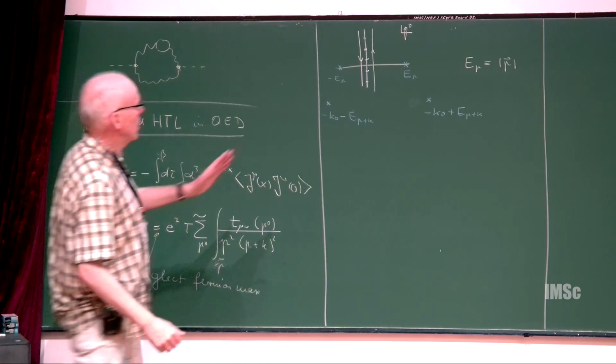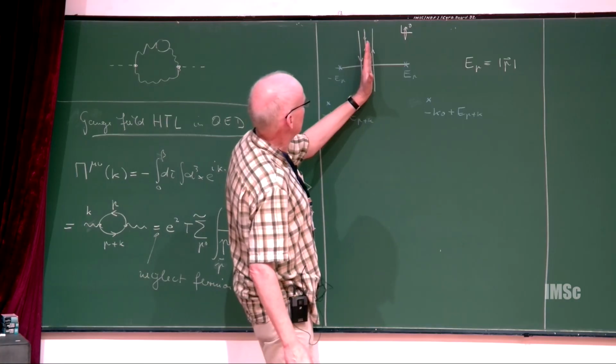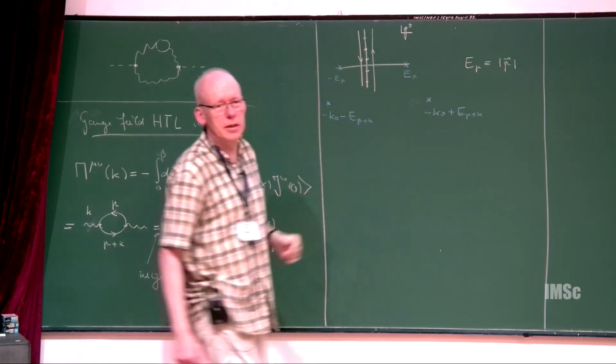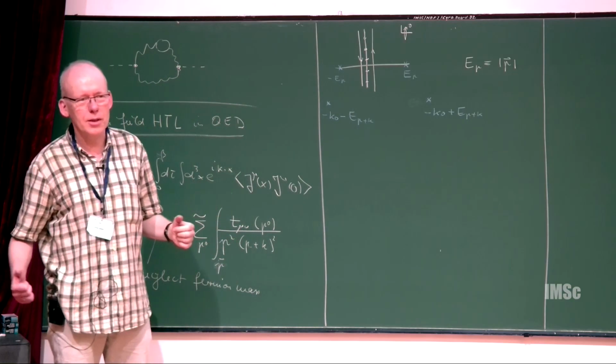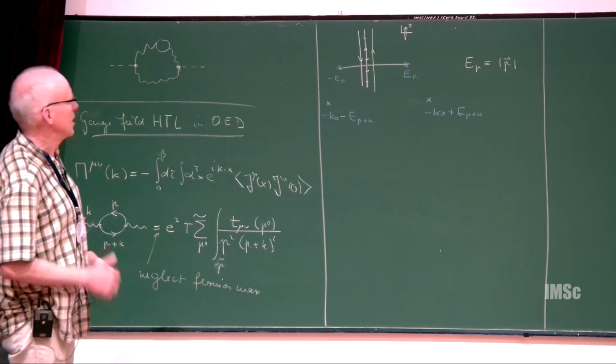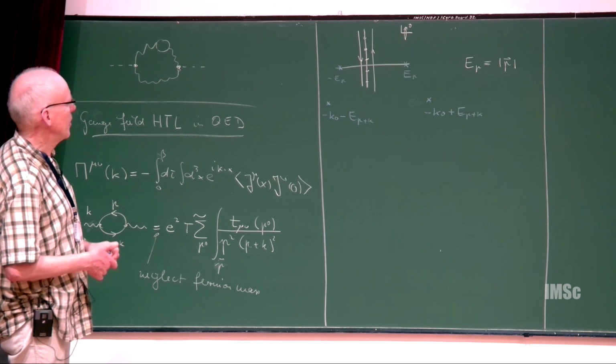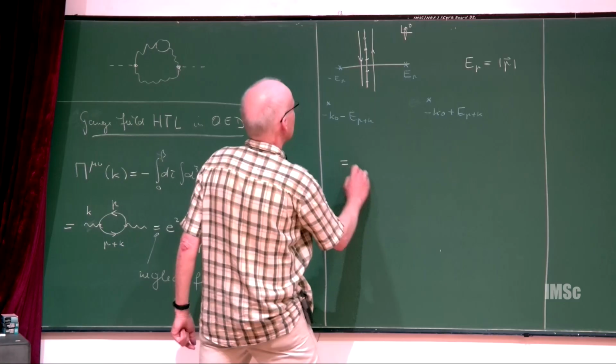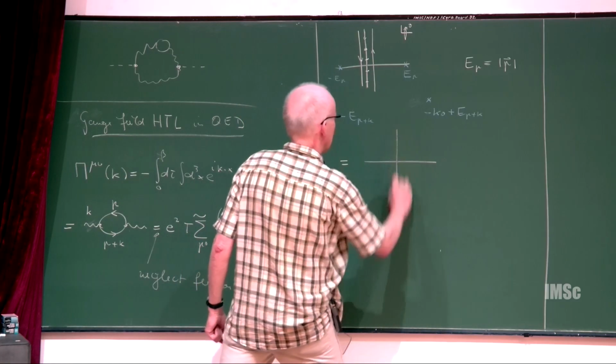So when we now move this branch of the contour, we hit 2 poles, and same here. So we get 4 poles. The computation is more involved, and it becomes like this.